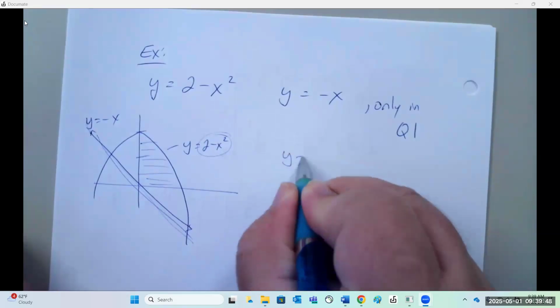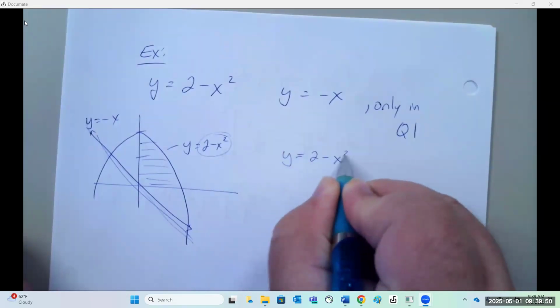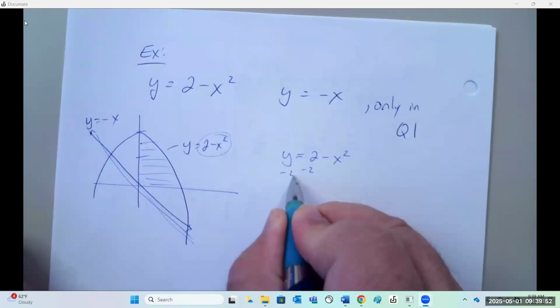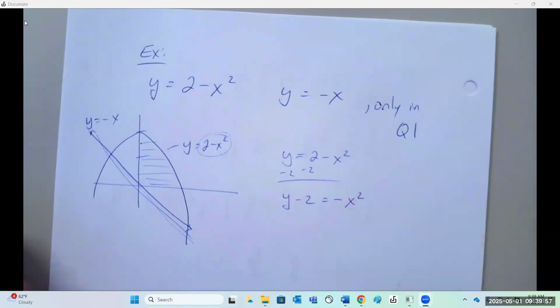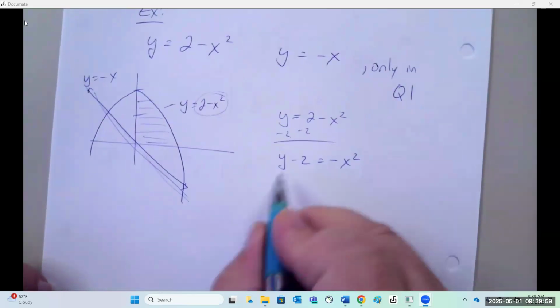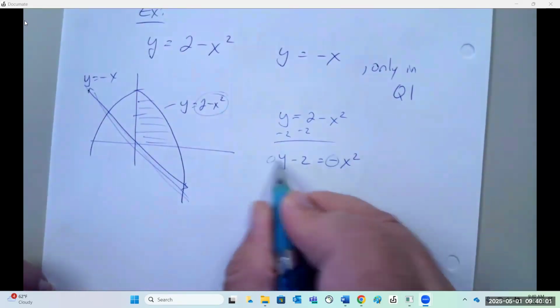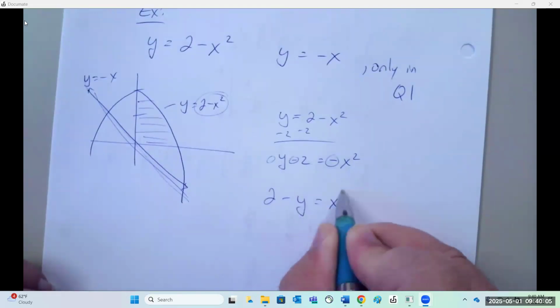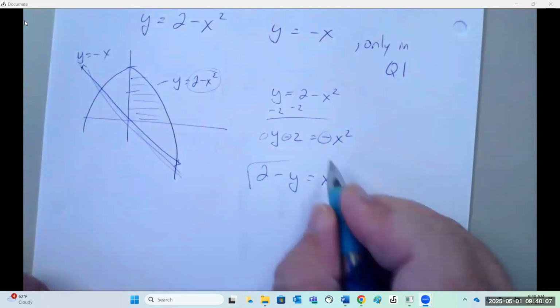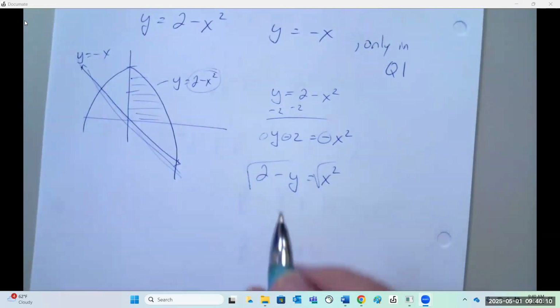So I have y equals 2 minus x squared. Subtract 2 from both sides, change the signs. So we have 2 minus y equals x squared. Square root both sides.